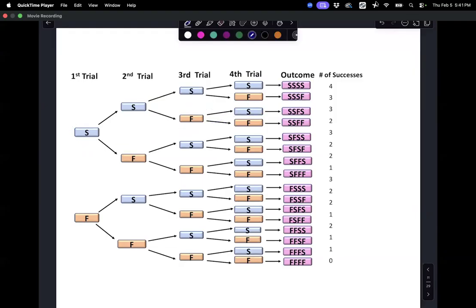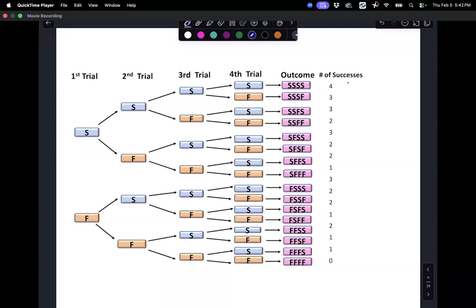Remember way back in chapter 5, when we rolled 2 dice, a 4-3 was a different configuration than 3-4. They're 2 different outcomes. So there's one way that I can get 4 successes.